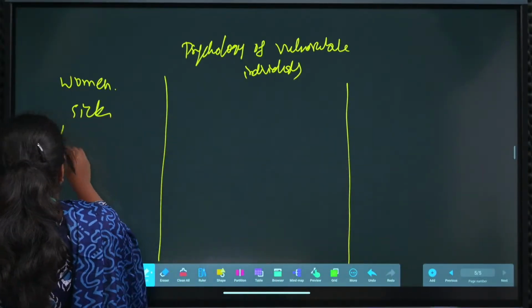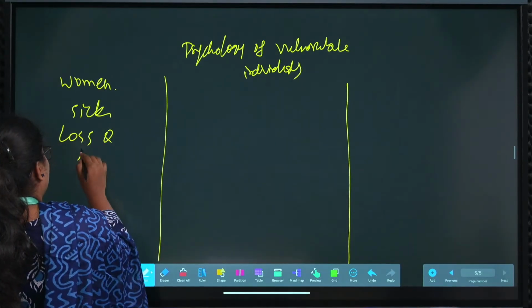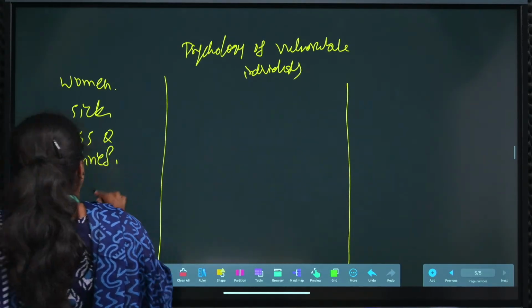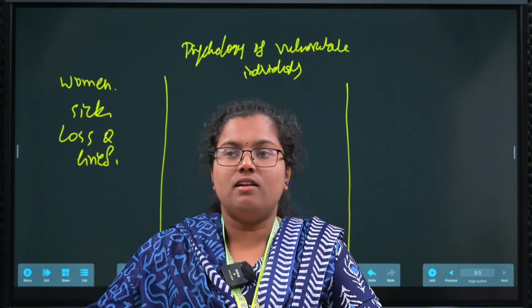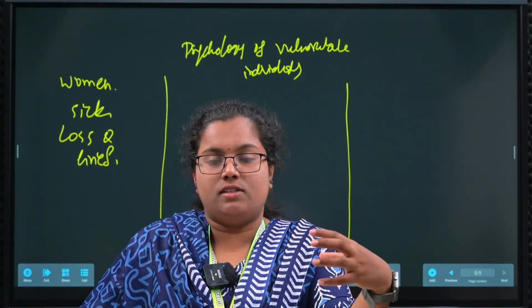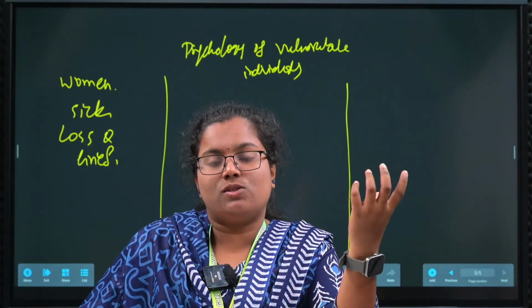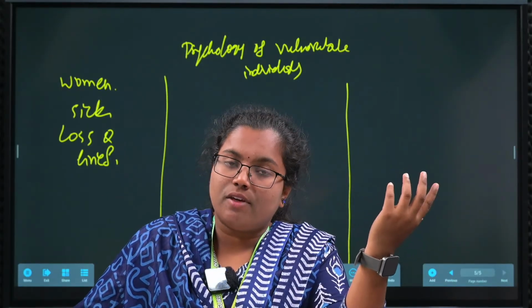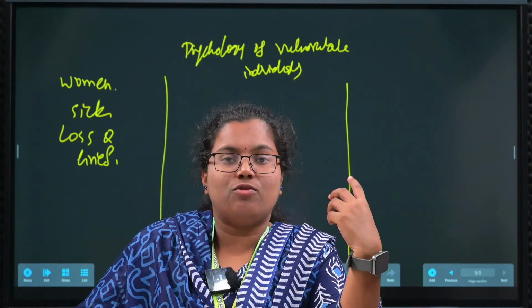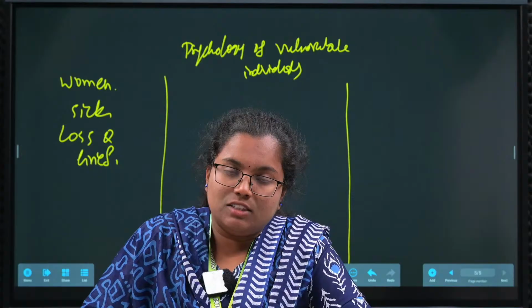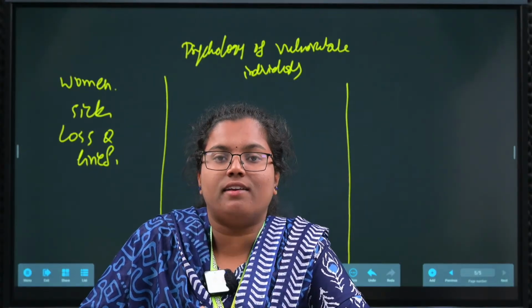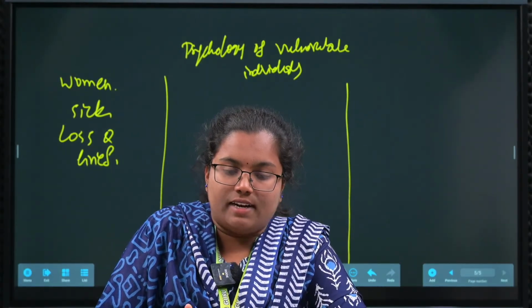Loss and grief means, for example, the death of a loved person, a favorite person who has passed away. That will cause mourning, bereavement or grief. So this is about loss and grief.